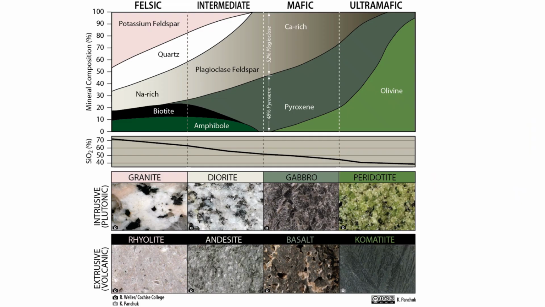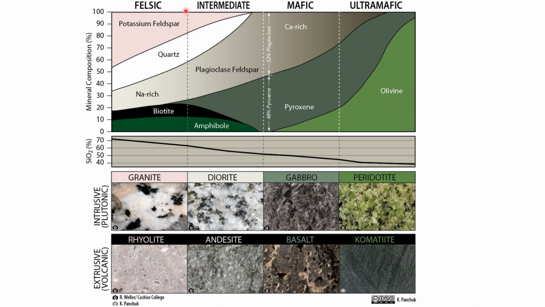This here is a diagram that uses the information from the Bowen's reaction series to show you visually the distribution of different minerals across the four categories of igneous rock composition classification.